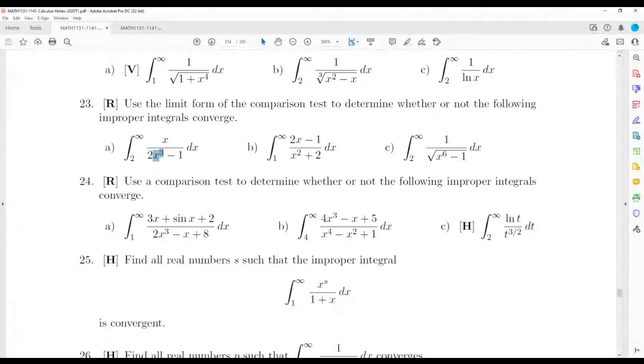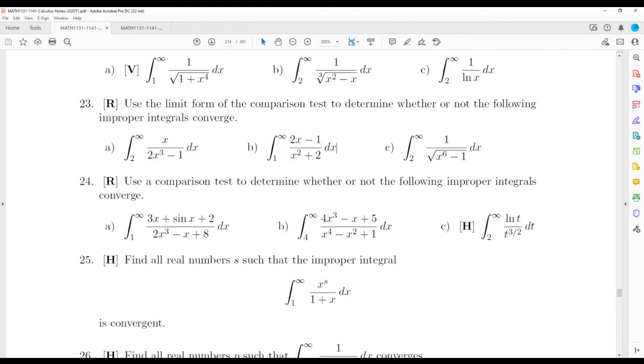Okay, so let me have a little poll here. Okay, so this is 23B. Look at 23B. Let me know your answer.